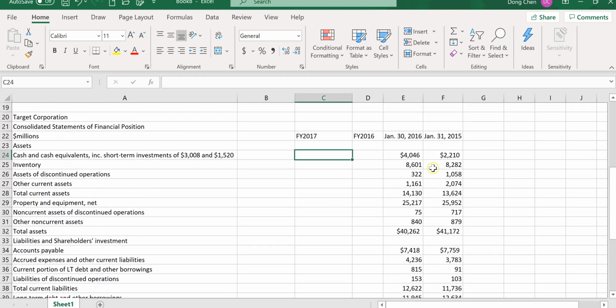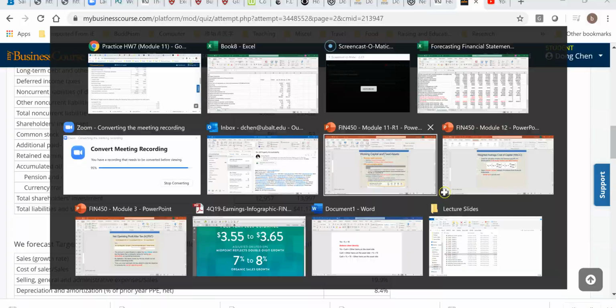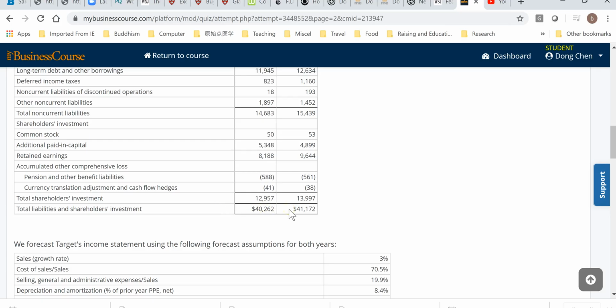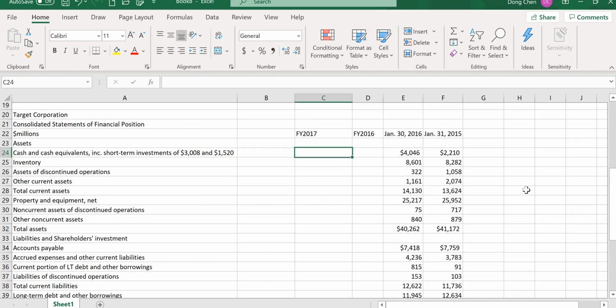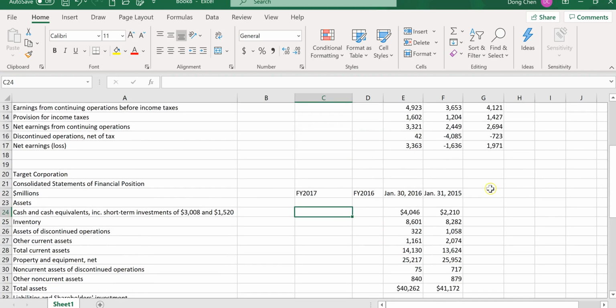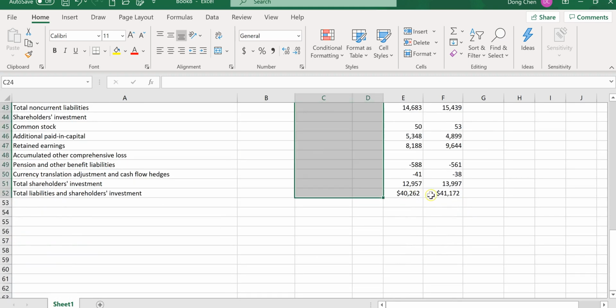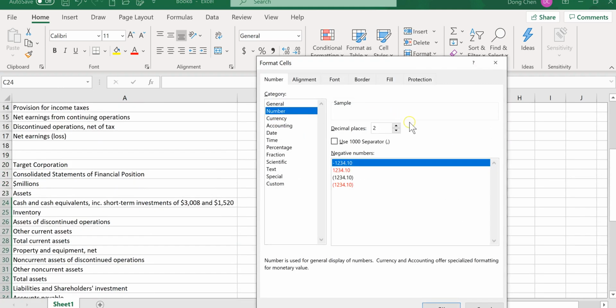It seems that when I did the copying, something went not as expected. Yeah, it's actually correct. Just wanted to make sure. Okay, so now I can change the format to be rounded to the nearest dollar.